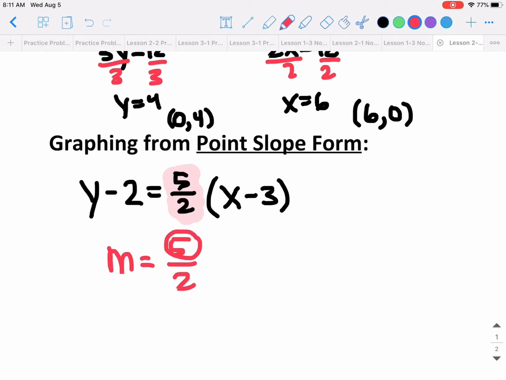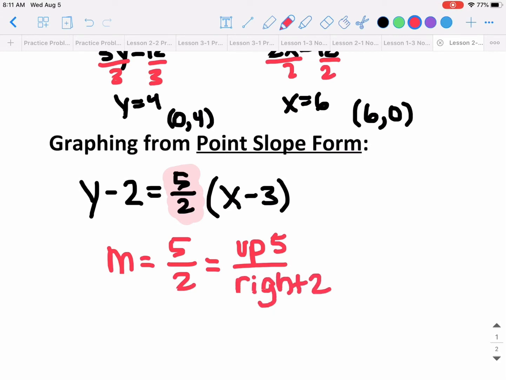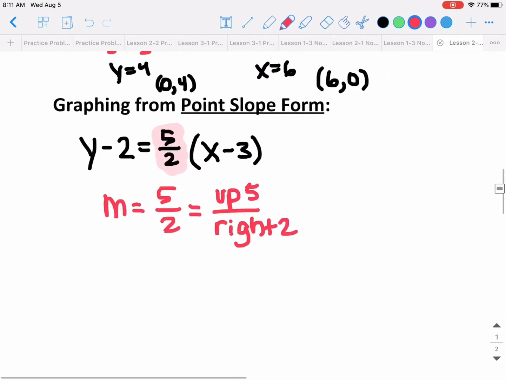This is the change in y over the change in x. So I know that from whatever point I find on the line, I will be moving up 5 and to the right 2.